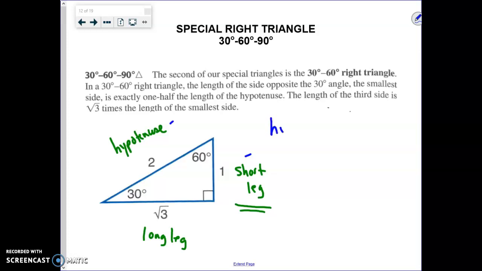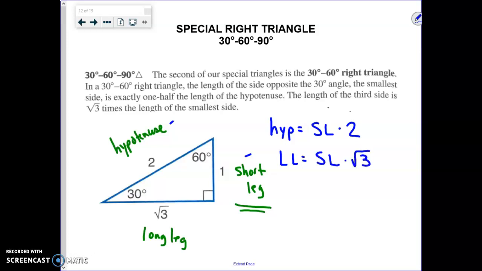In a 30, 60, 90 triangle, the length of the hypotenuse is equal to the length of the short leg times the square root of 3. Excuse me, I'm wrong there. Times 2. If you double the short leg, you always get the hypotenuse. The hypotenuse is always twice the length of the short leg. Now, the long leg is equal to the short leg times the square root of 3.